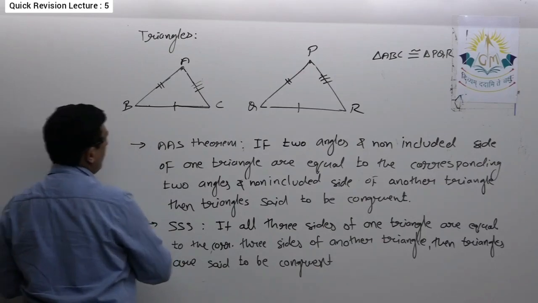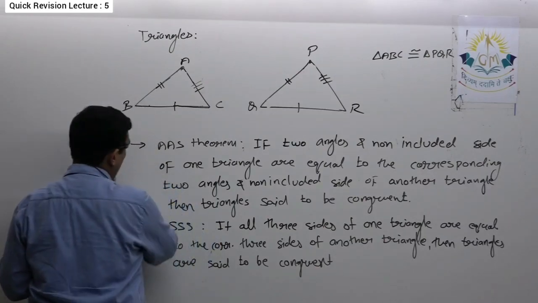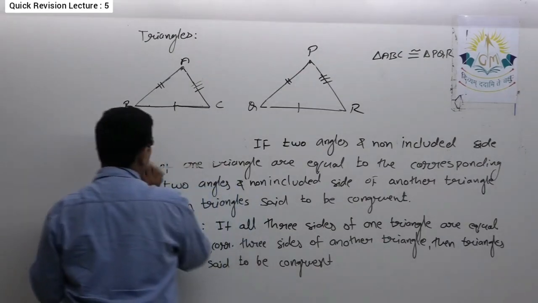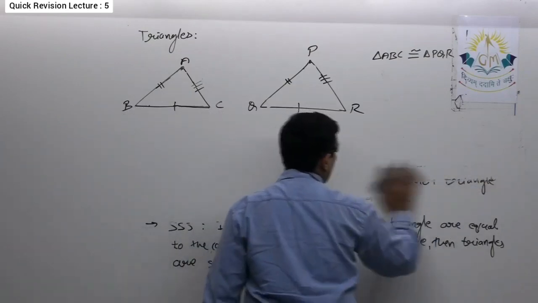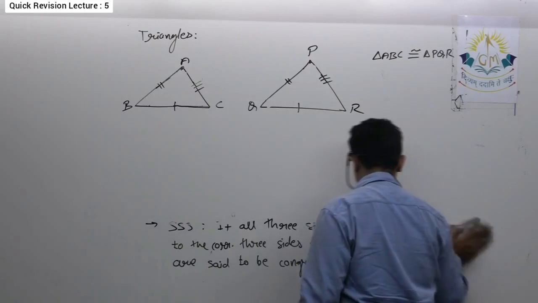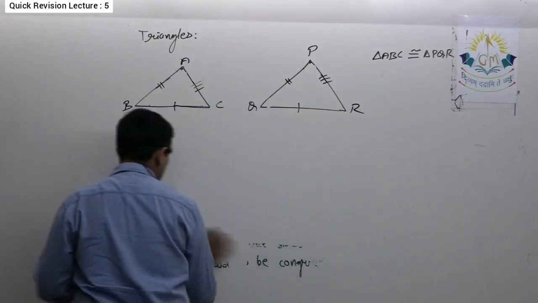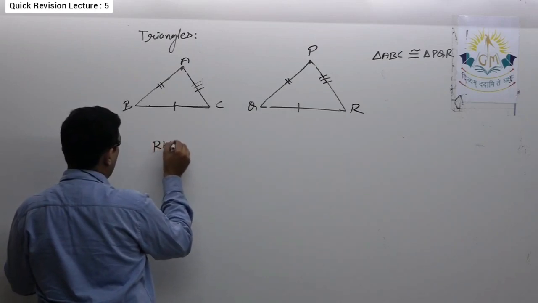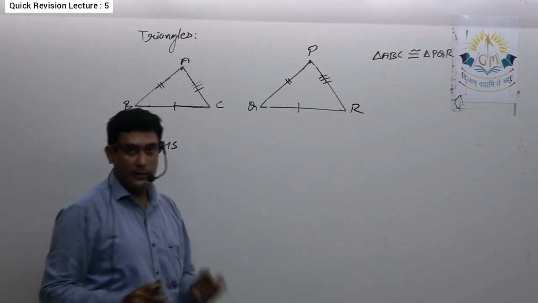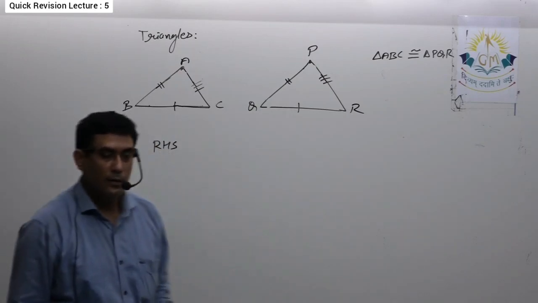Now the last congruency criteria that remains is right angle hypotenuse side, RHS. Right angle hypotenuse side, that is the last criteria. The name itself says right angle hypotenuse side.